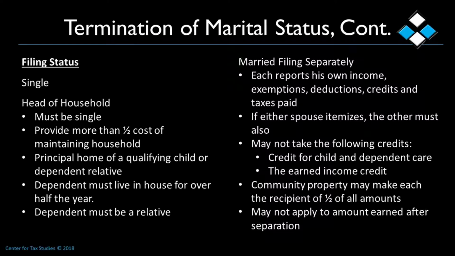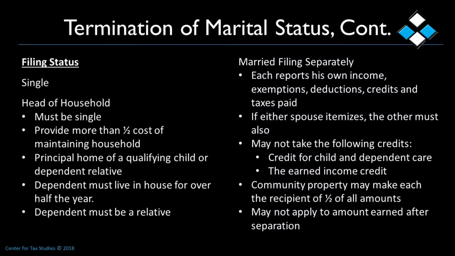Now, whether you are a qualifying child or a dependent relative, you must meet the relationship test. Now, there is an exception, that of an unmarried child. That child need not be a dependent if the custodial parent gave the dependency exemption to the other parent, and we'll talk about that later.